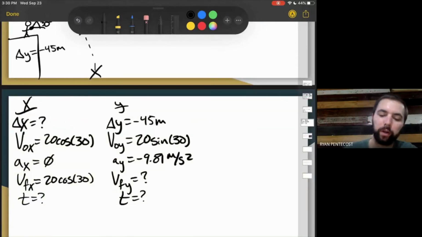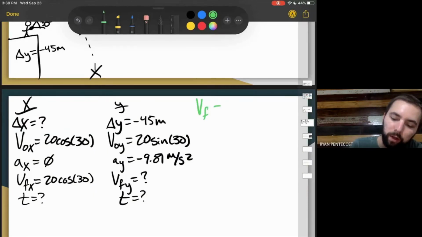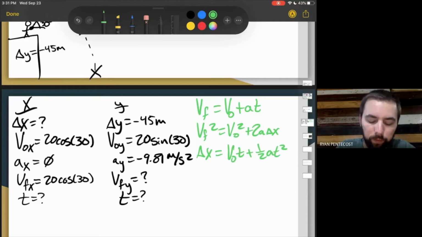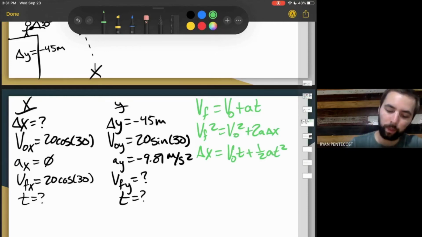Okay. So let's break down the equations that we have. We've got v final equals v naught plus at. We had v final squared is v naught squared plus 2a, I'll just call it x. Then we have v naught t plus 1/2 at squared, right? Now, if we need time, let's look at the x. X acceleration is 0. So x is again going to lie to us because we don't have delta x, right? We have no idea what that is.